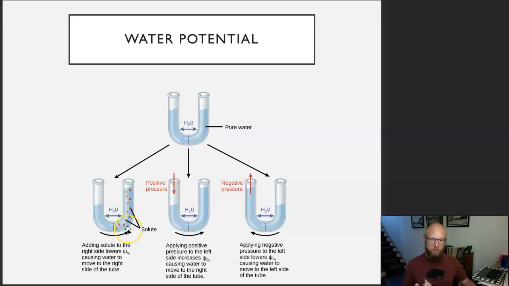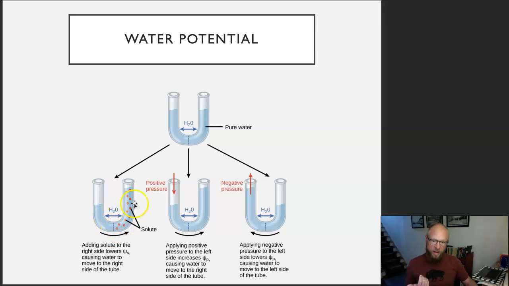So the first thing that can reduce that energy is adding solutes to water. Okay, so water molecules are moving around inside the liquid, and if we add some solutes, they're binding to those water molecules and reducing their movement, and that reduces the potential energy of the water relative to pure water.